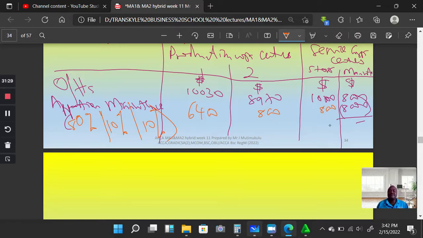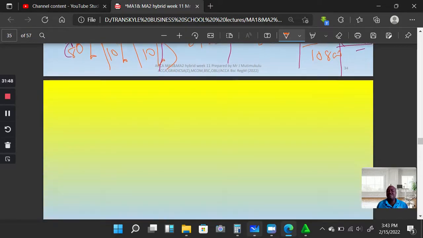We underline here, and we are going to have 10,800, and we have to ensure this 10,800 is reapportioned.